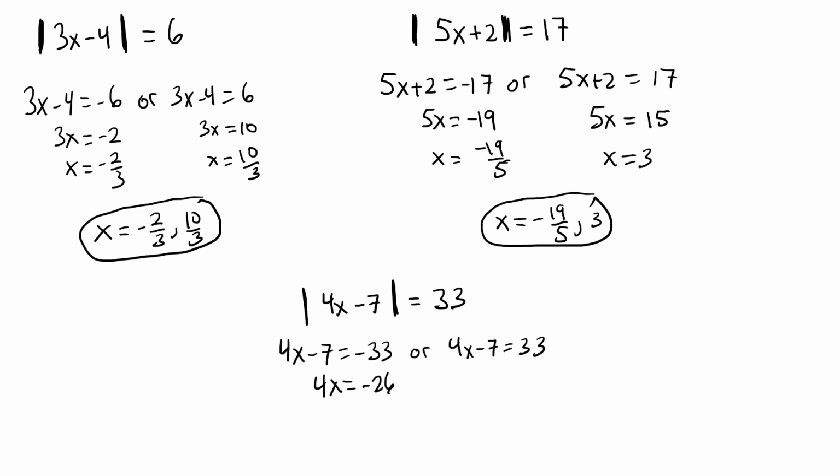Then over here, 33 plus 7 is 40. So now we're going to divide both sides by 4. So 26 divided by 4 reduces to negative 13 halves. And over here, 40 divided by 4 is 10. So our answers are negative 13 halves and positive 10.